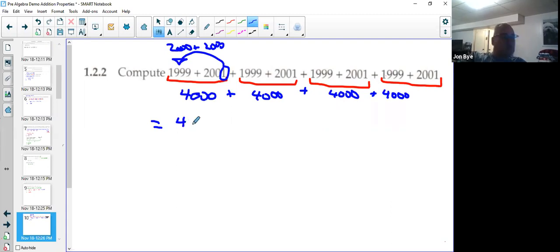Did you write that up, Evan? 4 times 4,000? Oh my, wow. Yeah, 16,000, right? Good. 4 times 4 is 16, and then throw the zeros on the end. Save the 3 zeros. And so we have 16,000.